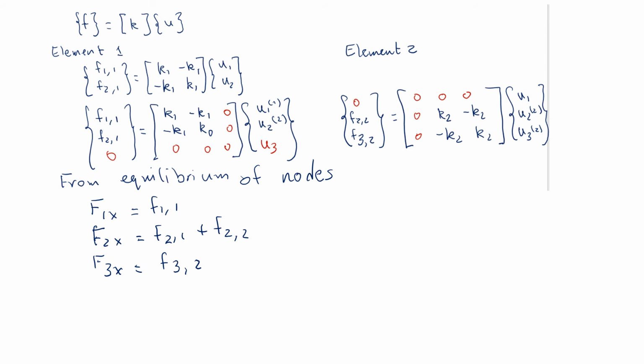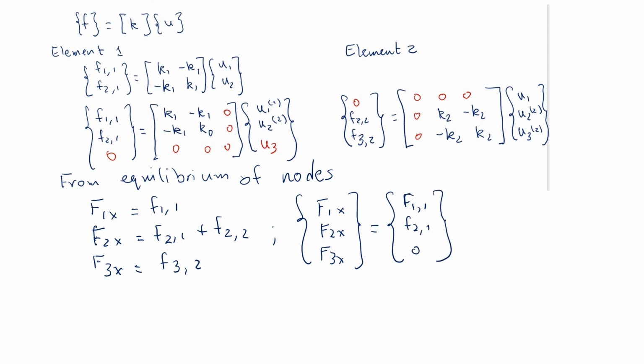And we can write this in matrix form as F1x, F2x, F3x is equal to lowercase f1,1, f2,1, and 0, which is the nodal element forces for element 1, plus, sorry, there is a 0 here, the first entry is a 0, and then we have f2,2 and here f3,2.